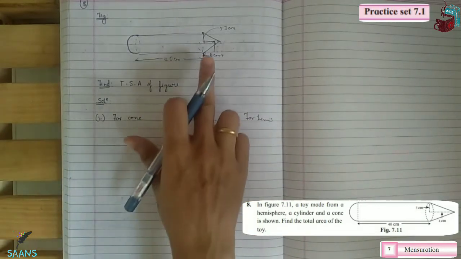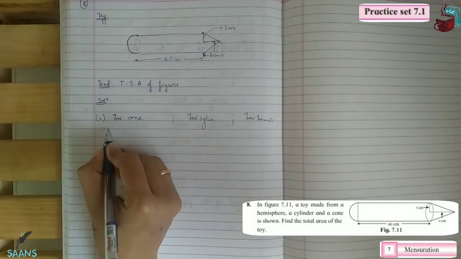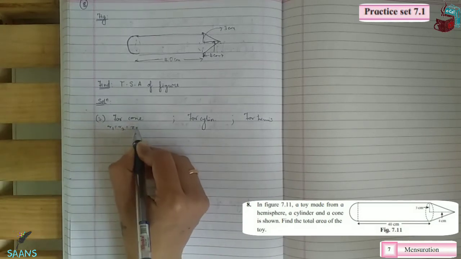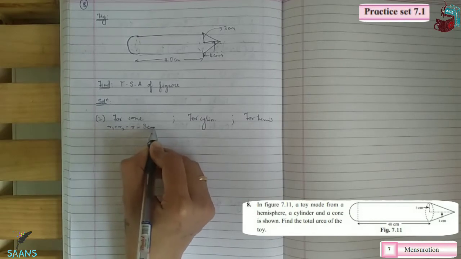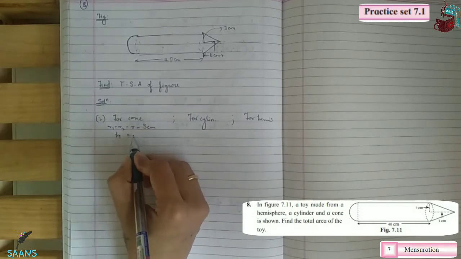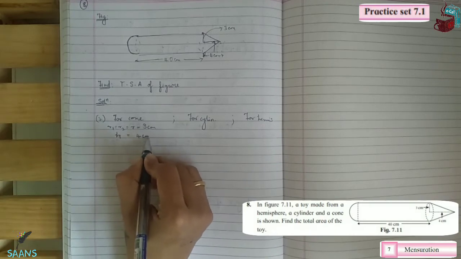For cone, now for cone we have the radius r1 is equals to r2 is equals to r is equals to 3 centimeter. Okay, then h1 is equals to 4 centimeter.